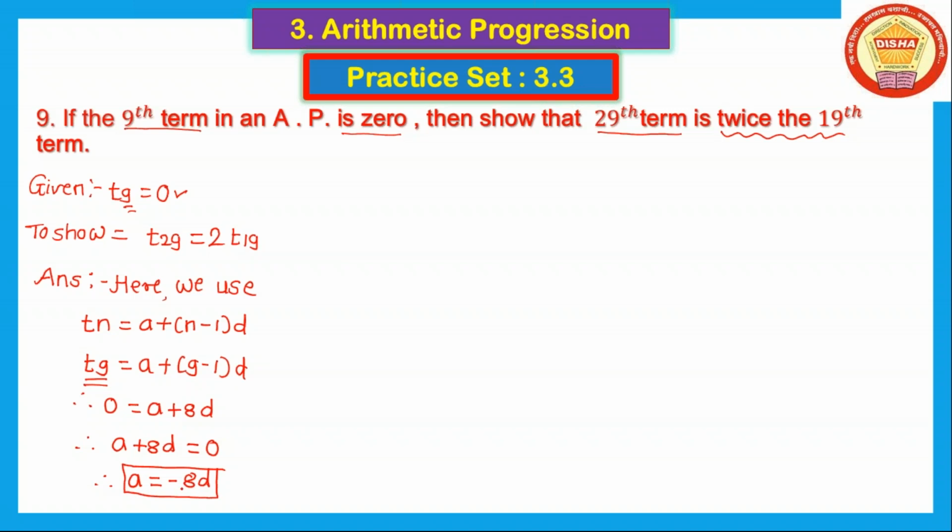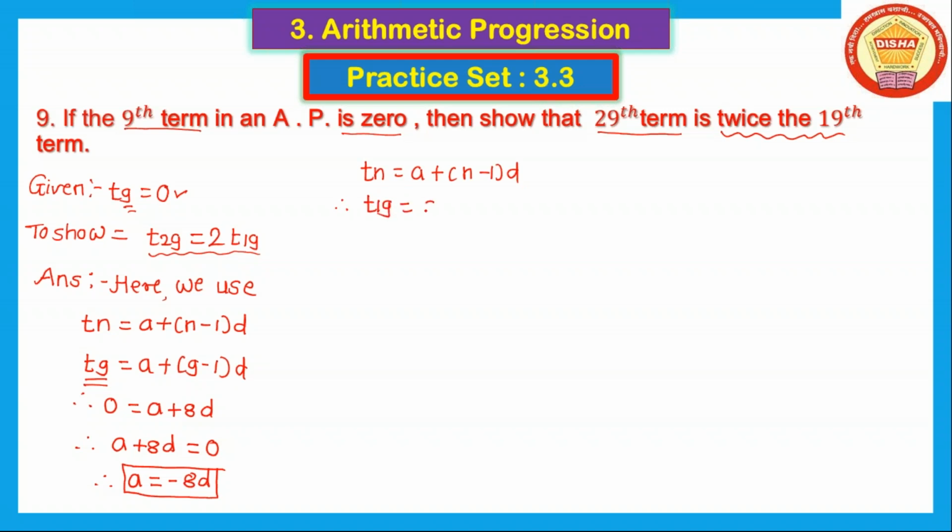a is equal to negative 8d. Then see, to show that T29, 29th term is given here, 19th term is given here. So again we use the same formula, that is Tn is equal to a plus n minus 1 into d. And we take here T19.